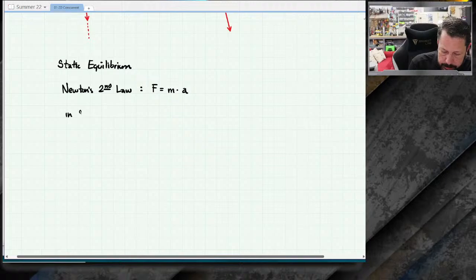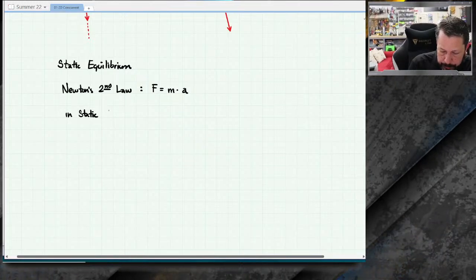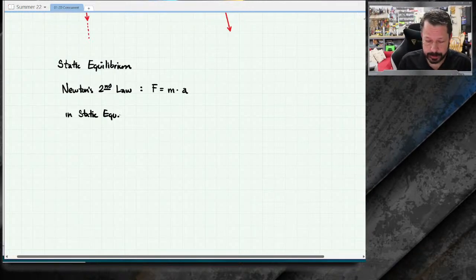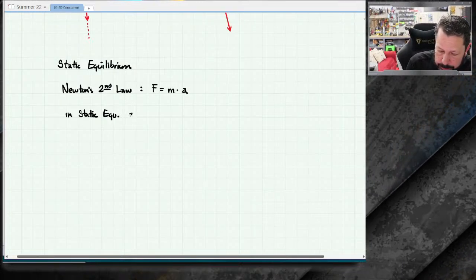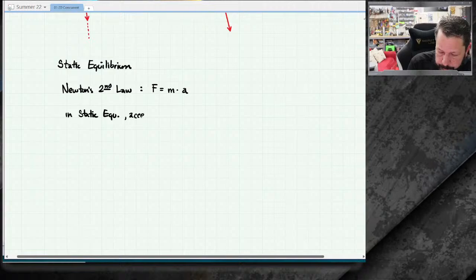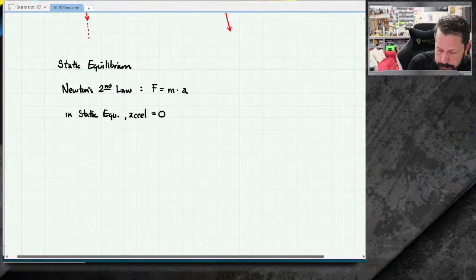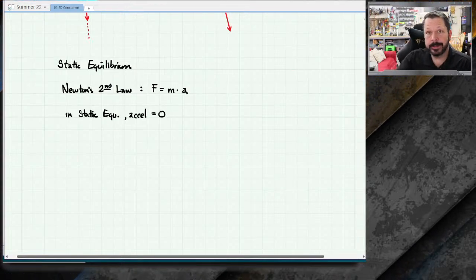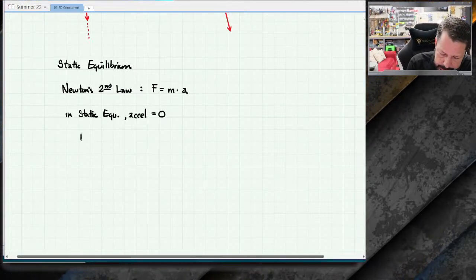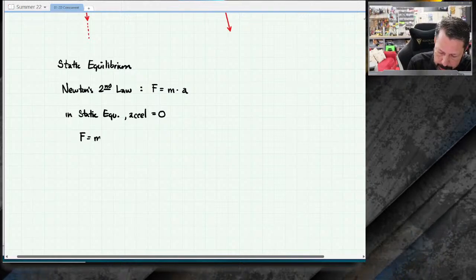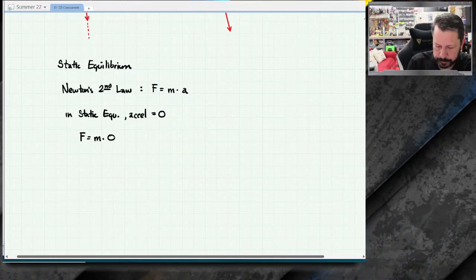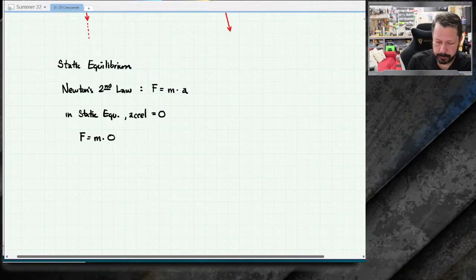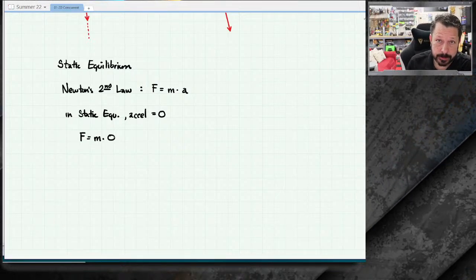So in static equilibrium, I'm just going to abbreviate there instead of writing the whole thing, acceleration equals 0. So if I take that idea, acceleration equals 0, put it into Newton's second law, it says F equals mass times 0. That also says that, well, mass times 0, anything times 0 is 0.